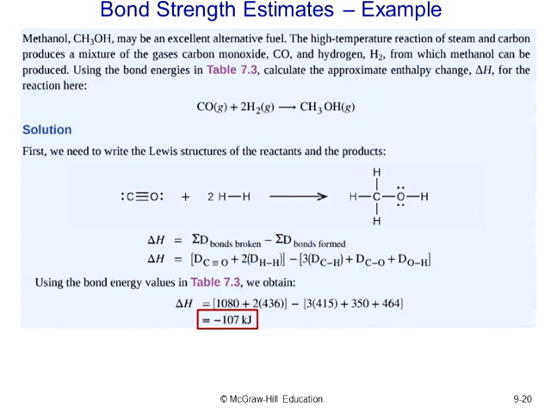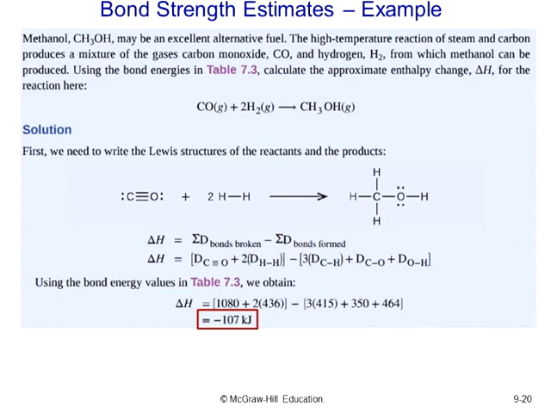So we know the equation for delta H equals the summation of the bonds broken minus the summation of the bonds formed. We have bonds broken, carbon monoxide. We have bonds broken in hydrogen gas. We look on the tables and we put those values in. We have bonds formed. 3 carbon hydrogen bonds are formed. 1 carbon oxygen bond is formed.